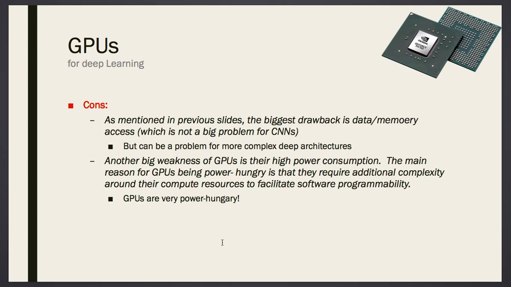They require additional complexity around their computational resources so that you can write individual code for each core. This creates lower power efficiency. GPUs are the worst in terms of power efficiency for embedded systems regarding deep learning. That's their biggest drawback, maybe. Okay, I think that's enough for GPUs.